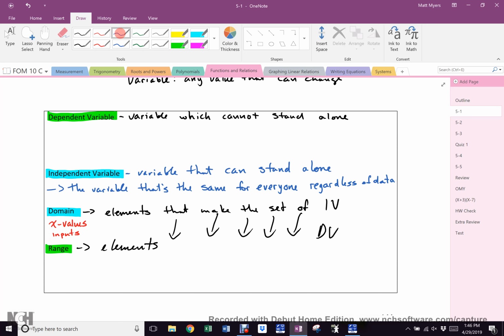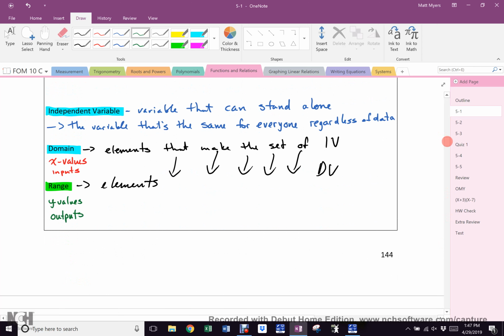Ranges are generally Y values and what we call outputs. Now that input-output thing comes from like grade 3, or it might be grade 6. Think back to your old math textbooks and see if you can remember a drawing that looked like this.